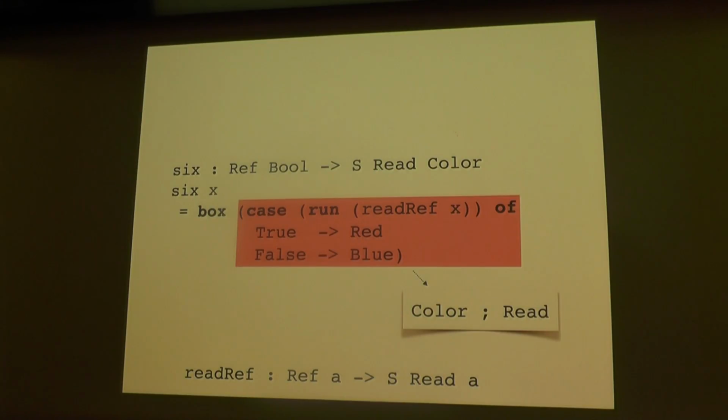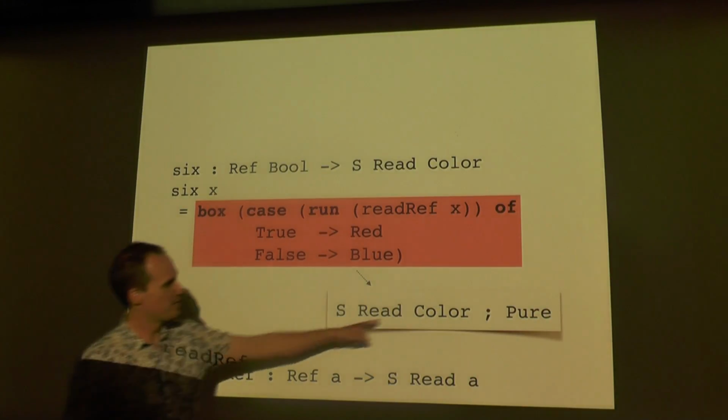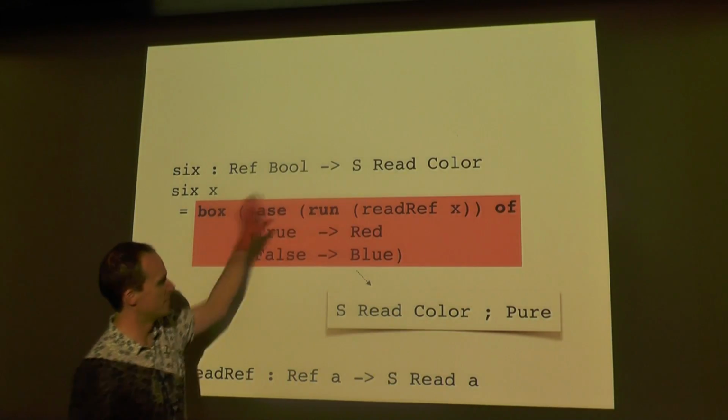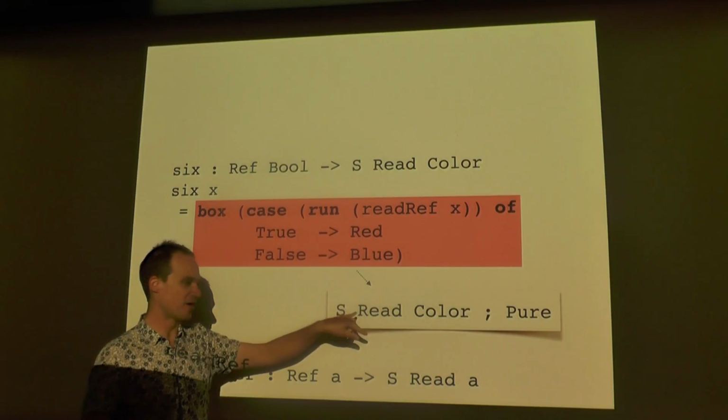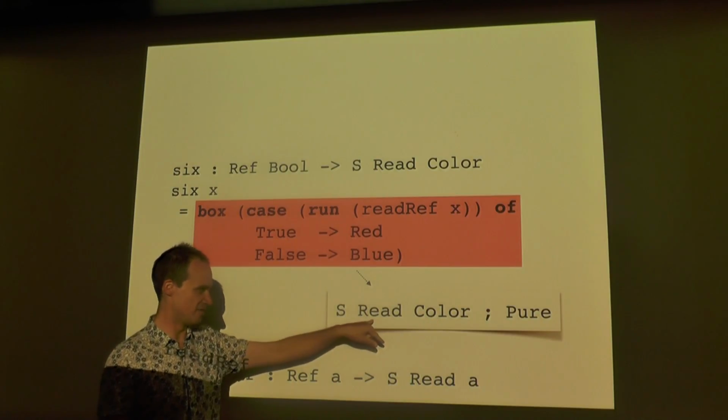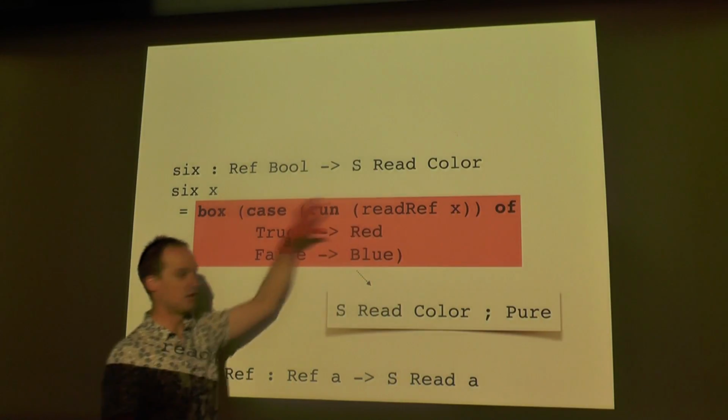I let an effect out of a box. If I want to put the effect back in a box, I use the box keyword. So when I box up this effectful expression, I get back a suspended computation. So this whole thing is a suspended computation which, if I was to run it again, it would perform a read effect and return a color, and the whole thing is pure.